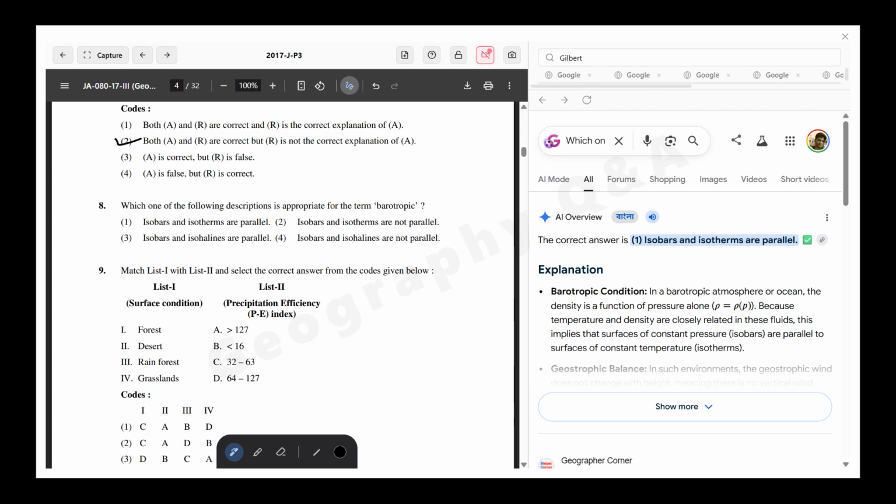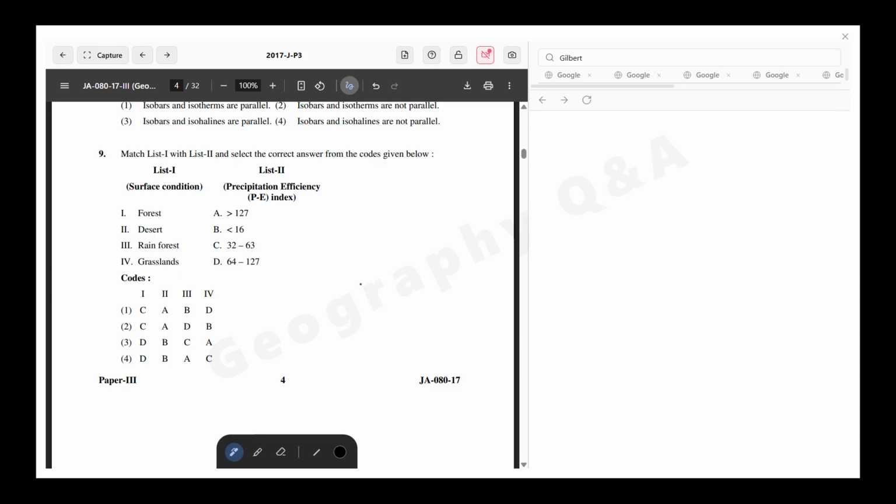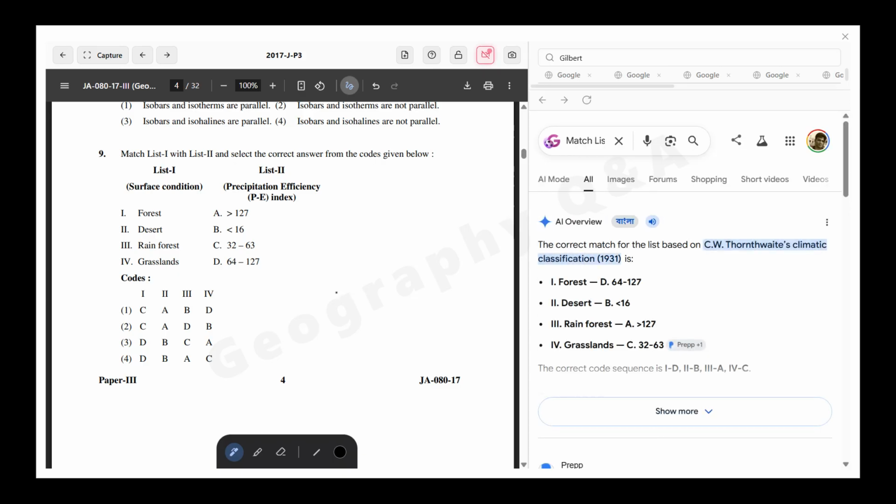Now, which of the following is the correct match for surface condition and the precipitation effectiveness P-E index? Forest, desert, rainforest, and grasslands. Forest equals 64 to 127. Desert equals below 16. Rainforest equals 127 and above.